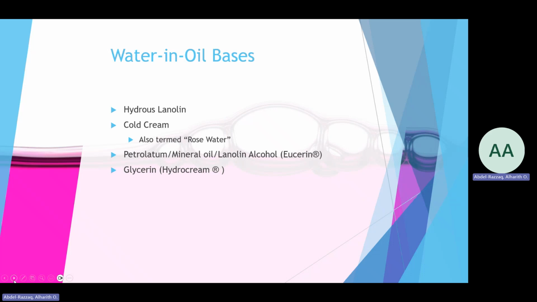They will absorb aqueous substances on a limited scale because of that pre-existing water in the base, and they're often used for emollient properties alone, but it's still suitable enough to incorporate a drug. As far as our hydrous lanolin, about 25 to 30% of it is water. And that is it for those.